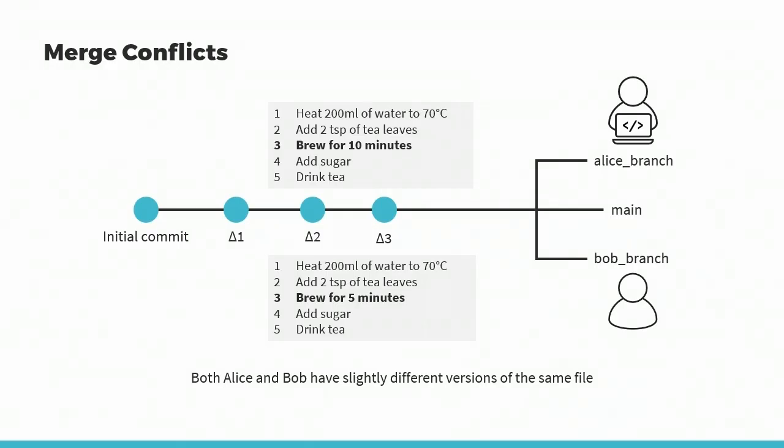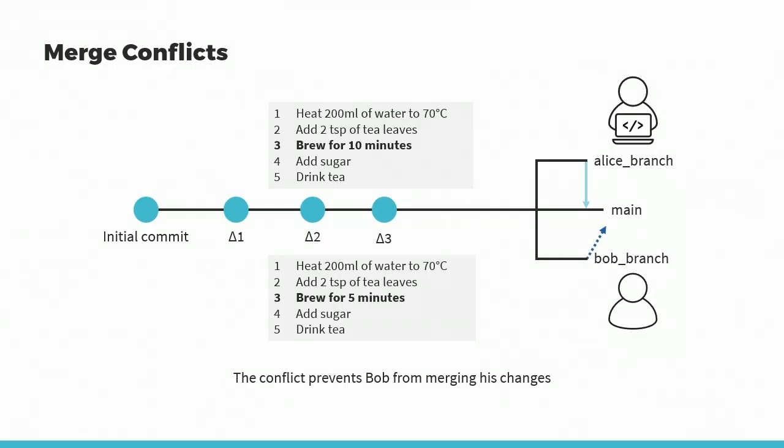Alice has said brew tea for 10 minutes, Bob says brew tea for 5 minutes. Because Alice's team merged their changes into the main branch first, Alice did not face any problems. But when it comes time for Bob's team to merge their changes to the main branch, well, there's going to be a conflict. Do we brew tea for 10 minutes or 5?